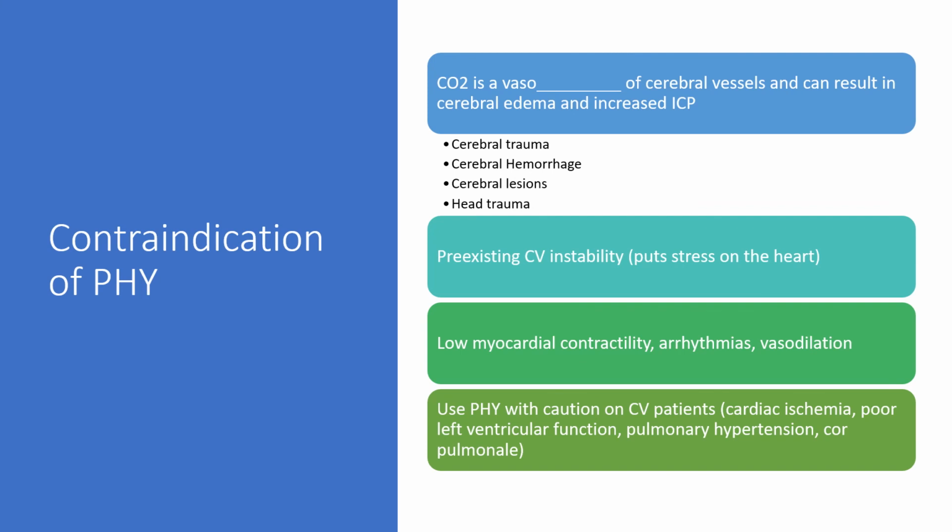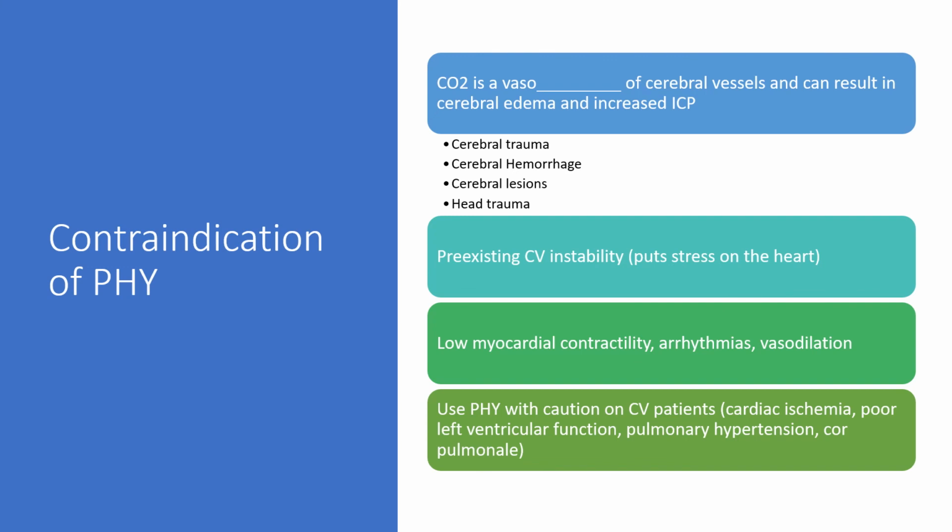So what are some contraindications of permissive hypercarbia? Well, just remember CO2 is a vasodilator of the cerebral vessels. So if we retain CO2, we'll dilate the blood vessels in the brain. Just like we talked about with hyperventilation, it constricts the blood vessels in the brain and causes ischemia.